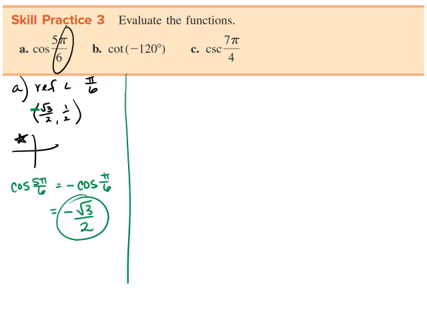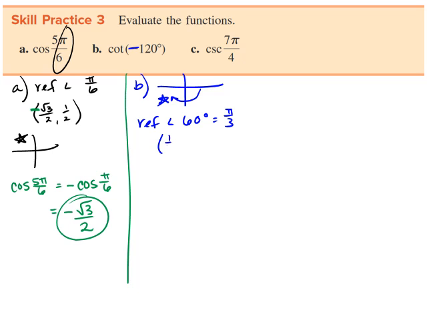Part B. Negative 120 is in the third quadrant. To get to a negative 180, I need to go 60 degrees further. So my reference angle is 60 degrees, which is the same thing as pi over 3.